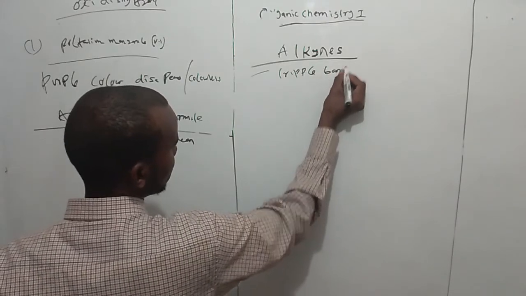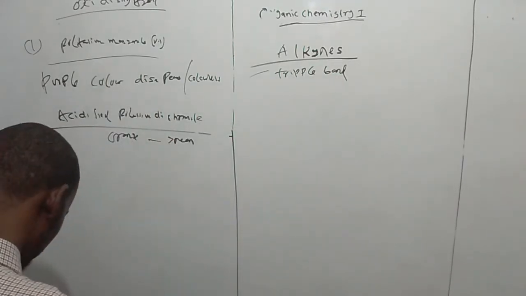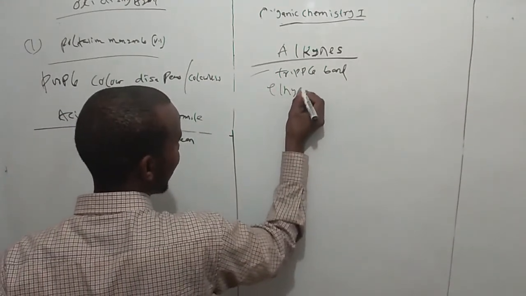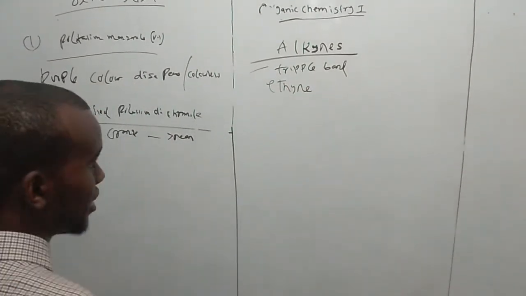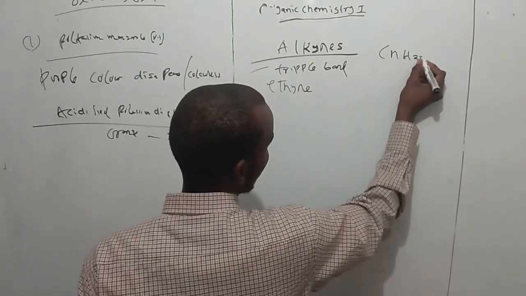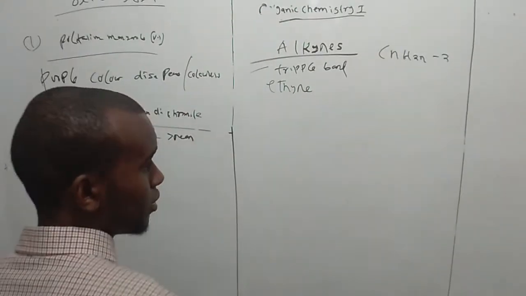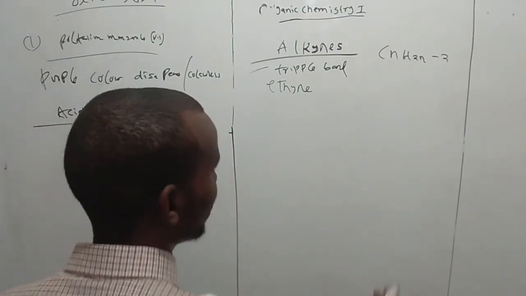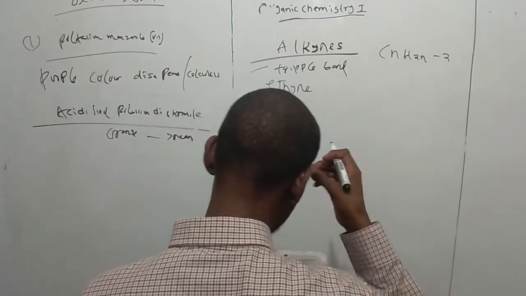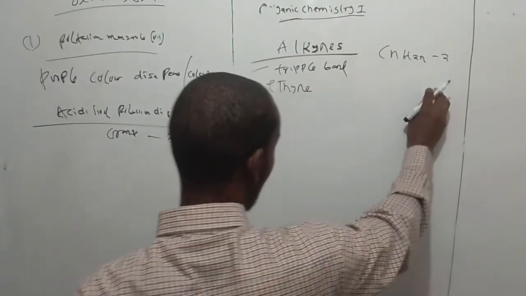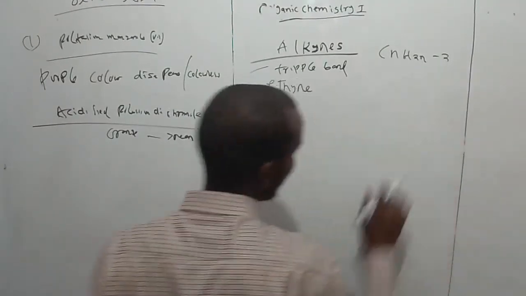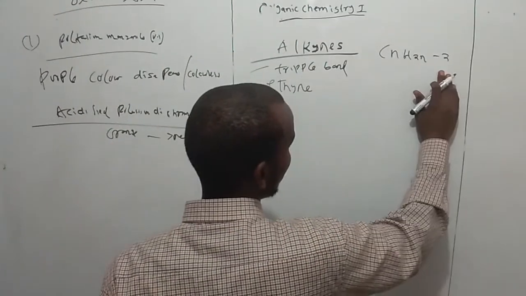Remember the general formula for this is CnH2n minus 2. For the case of alkene, it was CnH2n. But for this case, it's CnH2n minus 2.